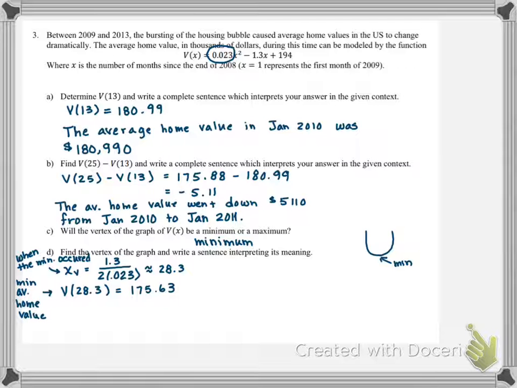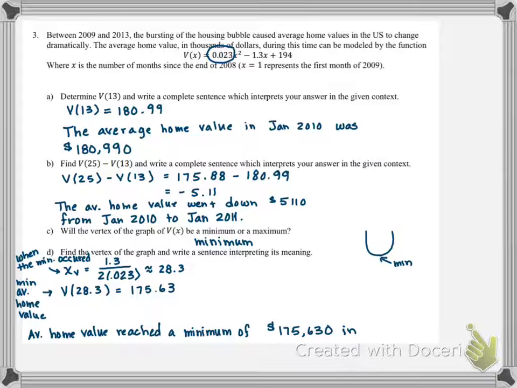So, average home value reached a minimum of $175,630 in, let's see, 28.